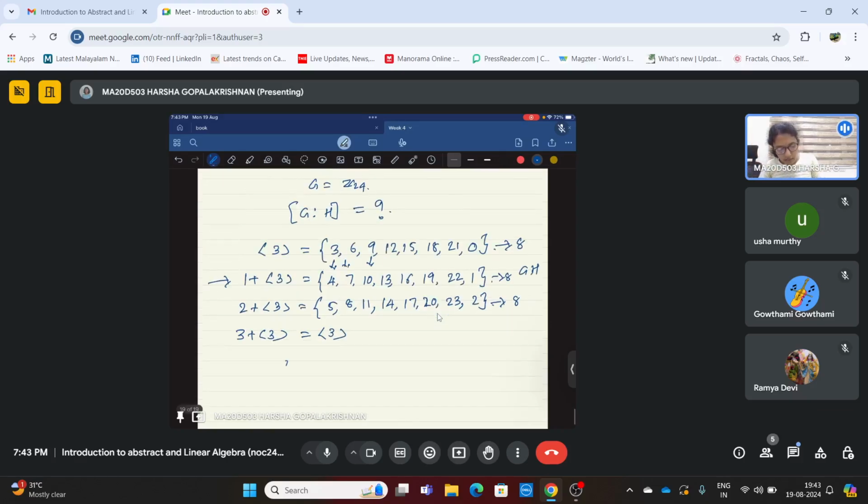So what is this, the number of cosets of H in G? This is 3, which is the same as order of G divided by order of H in the finite case. The cardinality of G is 24 and the cardinality of H is 8, which gives 3. So this is how we find the index of a subgroup in G.